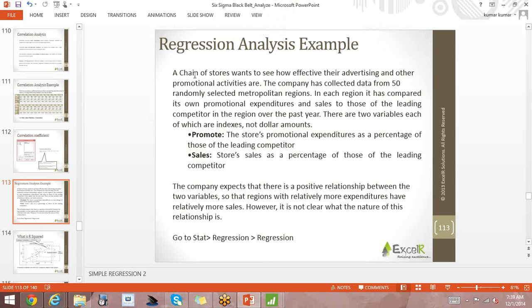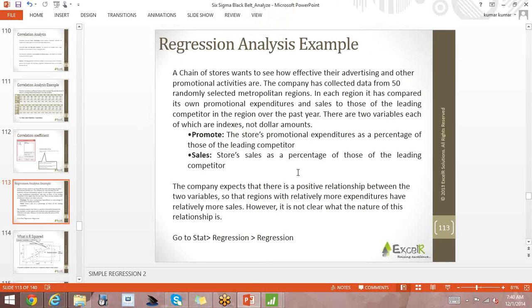So here is the question. A chain of stores wants to see how effective their advertising and other promotional activities are. The company has collected data from 50 randomly selected metropolitan regions. In each region, it has compared its own promotional expenditures and sales to those of the leading competitor in the region over the past year. There are two variables, each of which is an index, not a dollar amount.